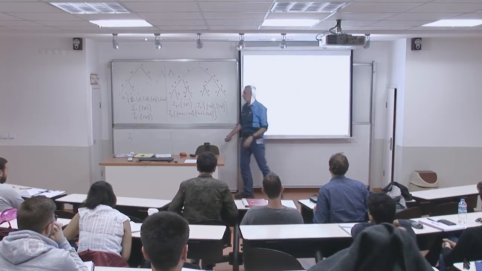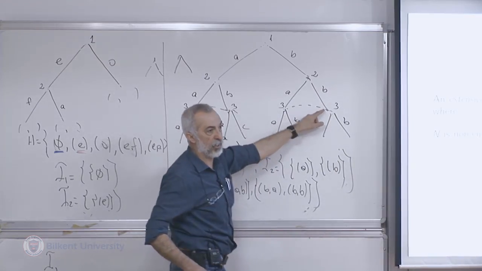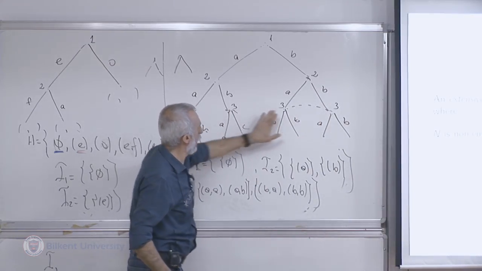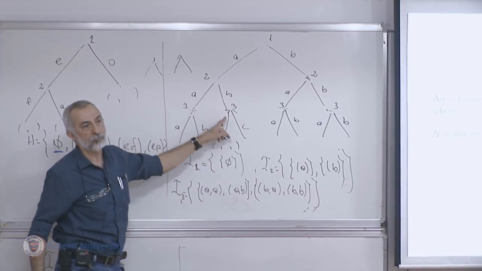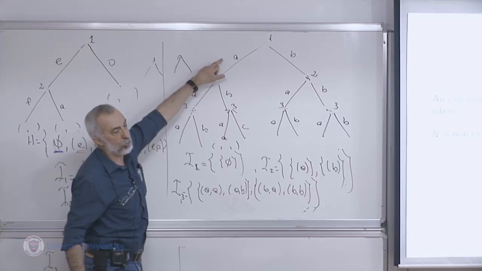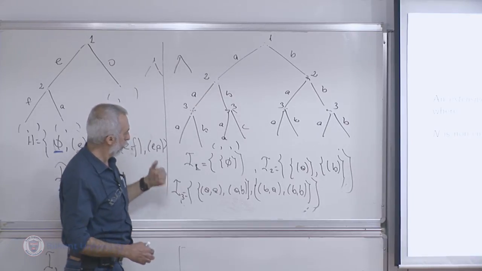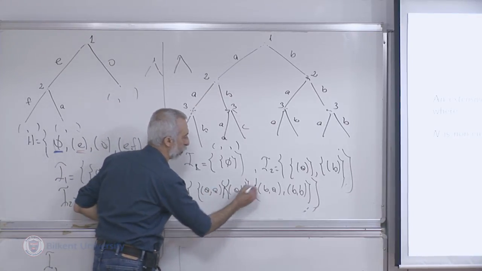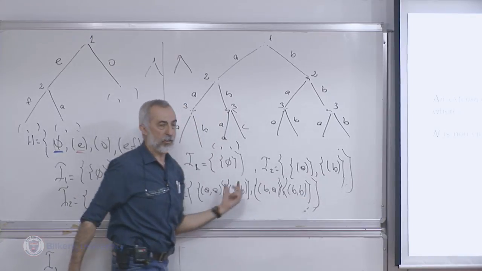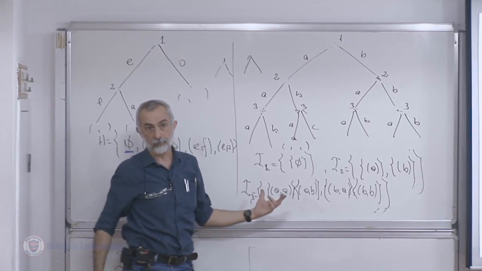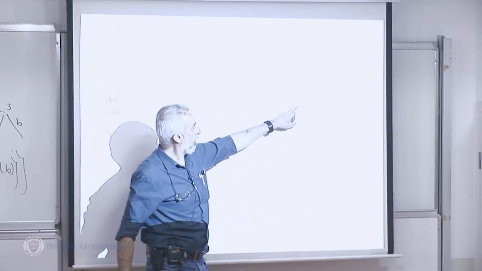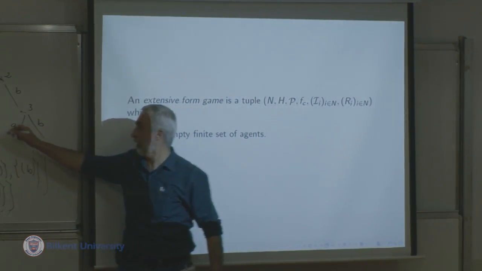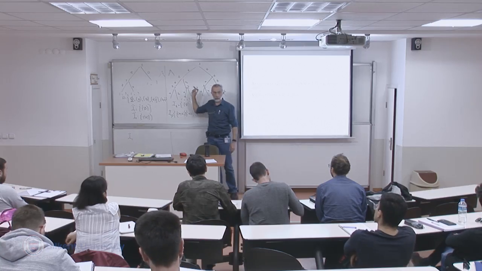The information partition is represented by dotted lines. So if there is no dotted line, if the picture is like this, it means that player 3 knows both the action of player 1 and the action of player 2. And then in that case, the partition would be like that. Each partition would contain a single history. So we can take care of this, again, on the picture by these dotted lines, dotted curves.